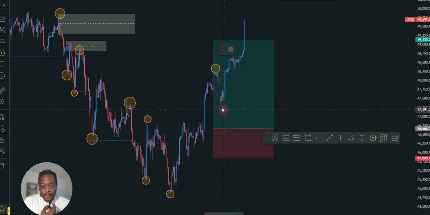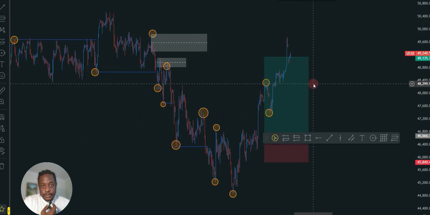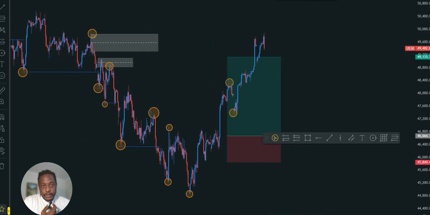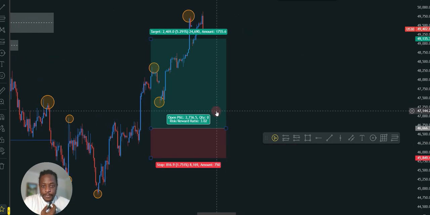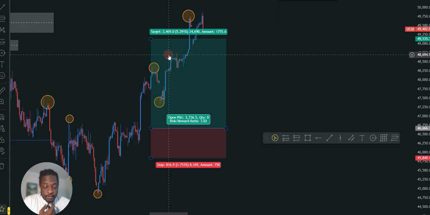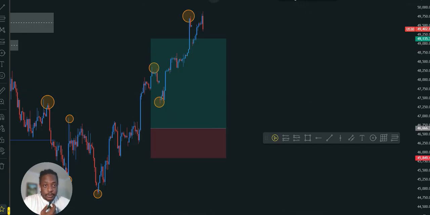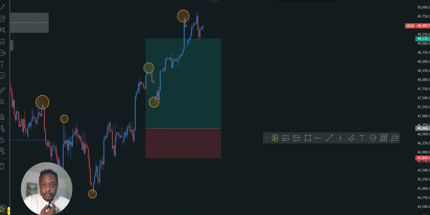So we have this low, and then we have that high being taken out. But I wouldn't take this, because it's for a different video. But for the sake of just market structure, this is what I'm trying to explain to you right now.